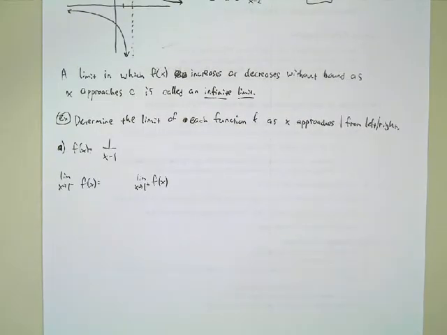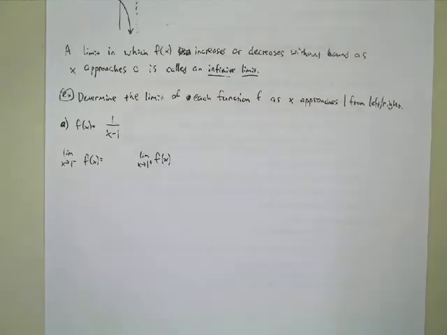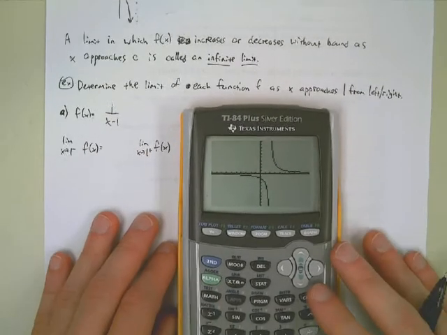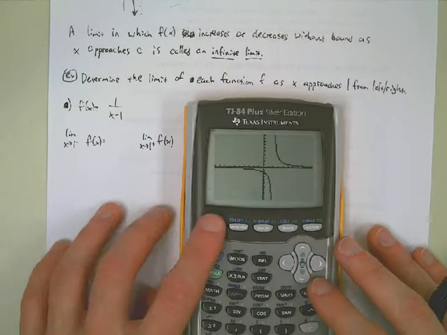And so we can go to our graphing calculators for this, right? That's one tool that we have available to us. So let's go ahead and graph that, 1 over x minus 1.